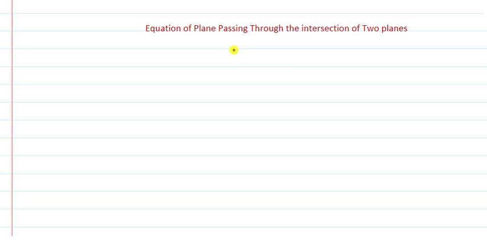So for this we need to find the equation of the line first. We need to find the equation of the line through which they pass, meaning where they intersect, and then we can find the equation of the plane also if a passing point of that plane is given or any other condition with respect to the required plane.